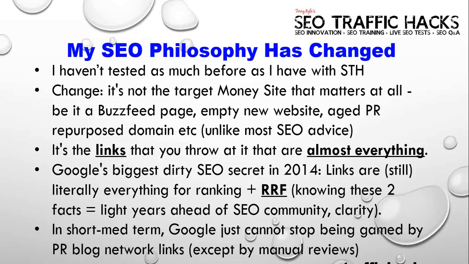So in a way, part of this big dirty SEO secret for Google is A, that links are almost everything for ranking, and B, that it just can't help being manipulated by PR blog network links. And I think that's partly why Google, which normally has a company policy of not naming a site when it's selected for Black Hat SEO, they just do it, and then the company reports it or whatever.